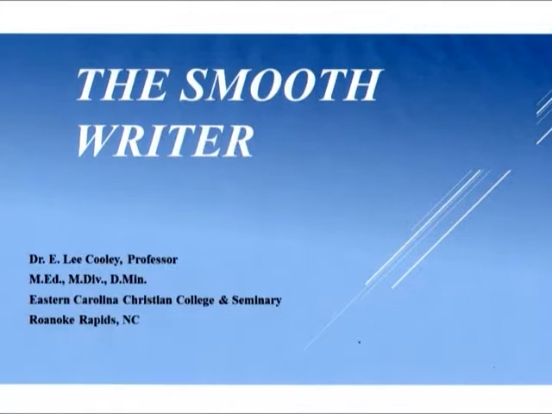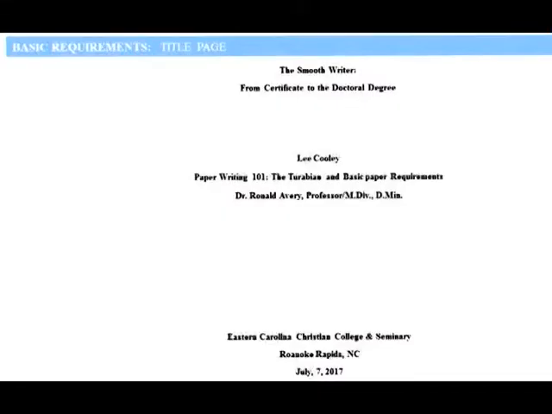The title of the paper is displayed at the top of the title page. And if you will look at the attached slide, you will see that midway down the page is my name. Underneath my name is the title of the class that I am writing the paper for.